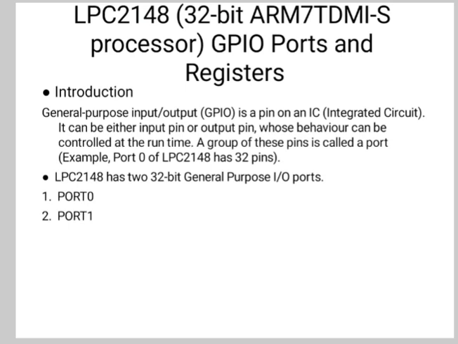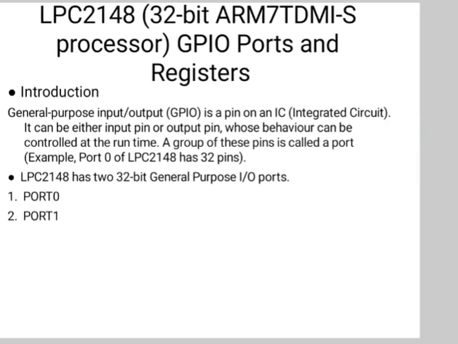Pin select 0 is used to configure port 0 pins P0.0 to P0.15. Pin select 1 is used to configure port 0 pins P0.16 to 31, and pin select 2 is used to configure port 1 pins P1.16 to 31.